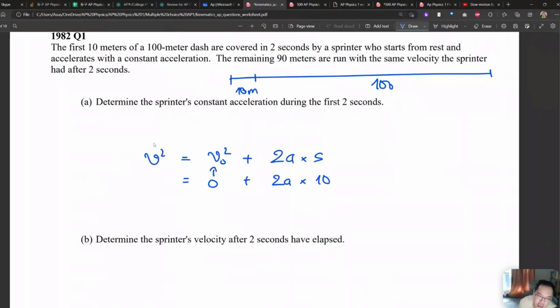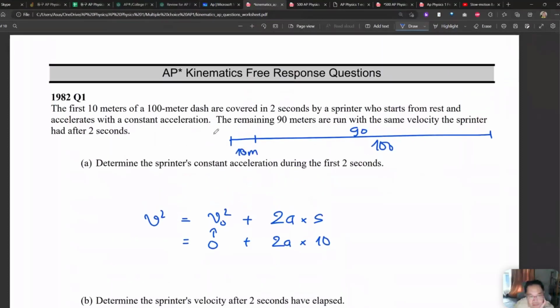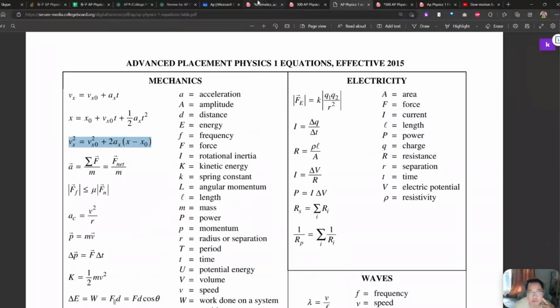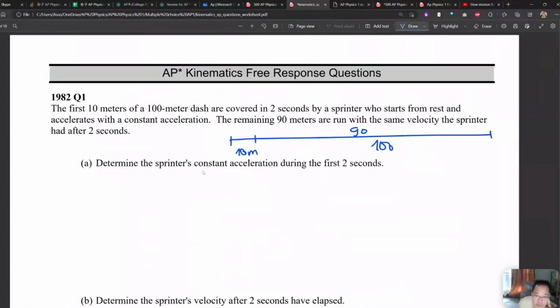The final velocity can be calculated, but they didn't mention the time for the 90 meters. During the first 2 seconds, we know the time. So there is an equation relating the time and the distance, which is the second equation here. The distance s is initial velocity multiplied by time plus 1/2 acceleration multiplied by time squared.